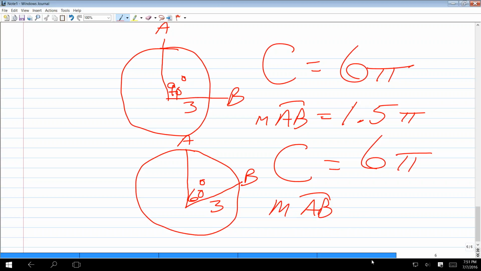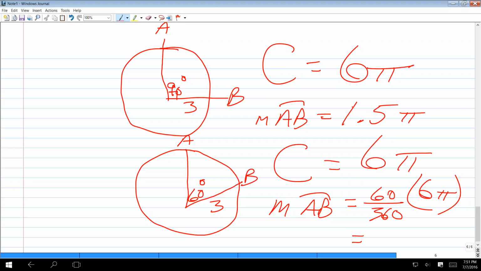So you do 60 divided by 360? You got it. 60 divided by 360 times 6 pi, because what we have is 1/6 of the circumference. Well, what's 1/6 of 6 pi?